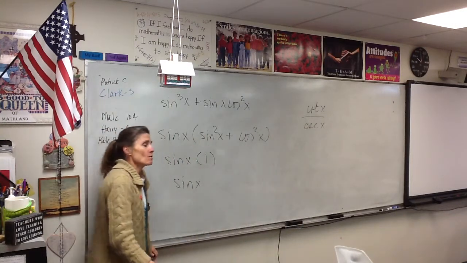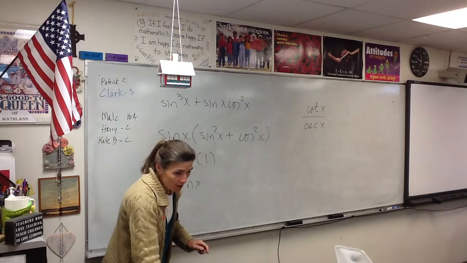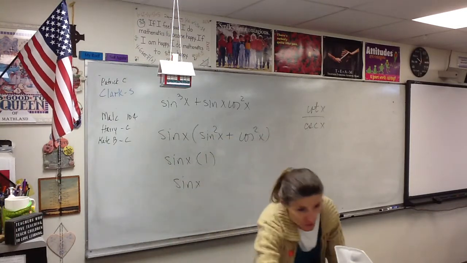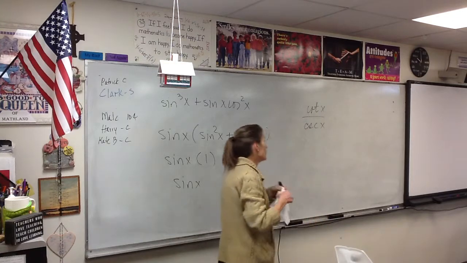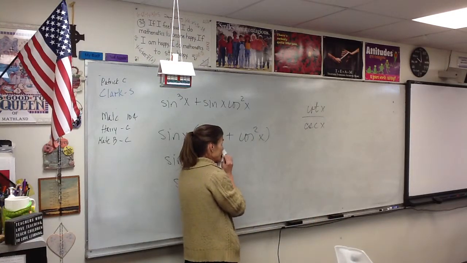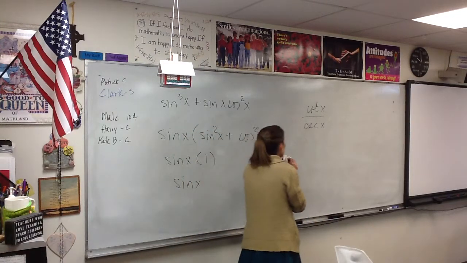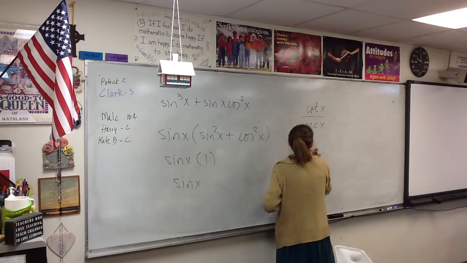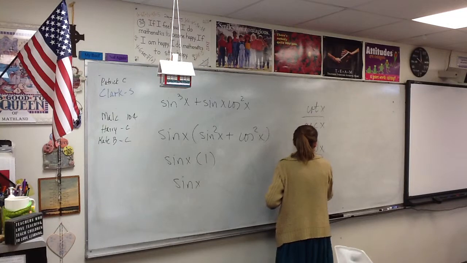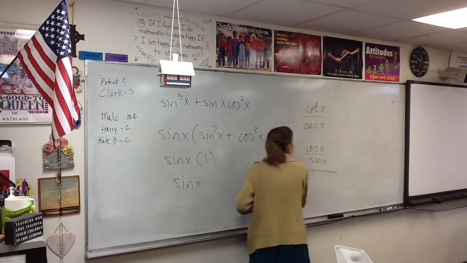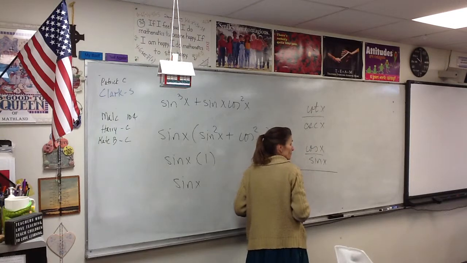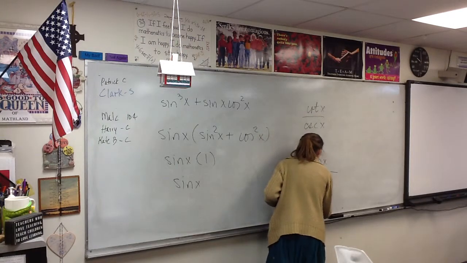Here we go. What is your thought process on this one? Change it into sines and cosines. So, what's cotangent? Cosine over sine. Okay, so I have cosine over sine over, what's cosecant? 1 over sine.